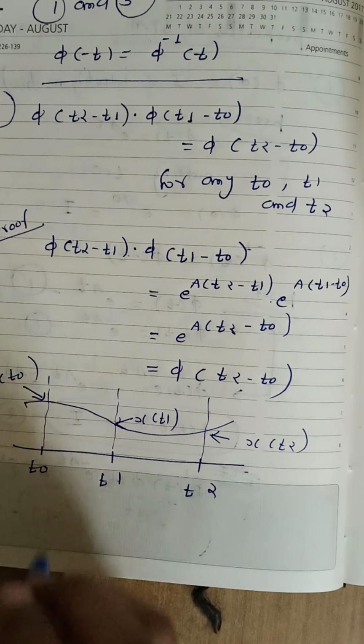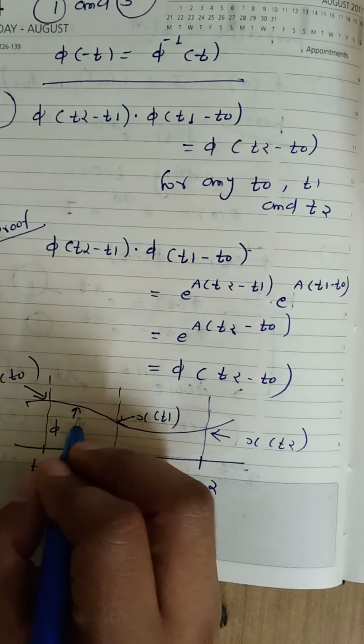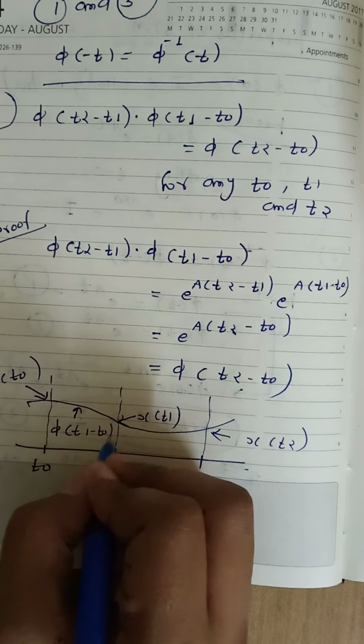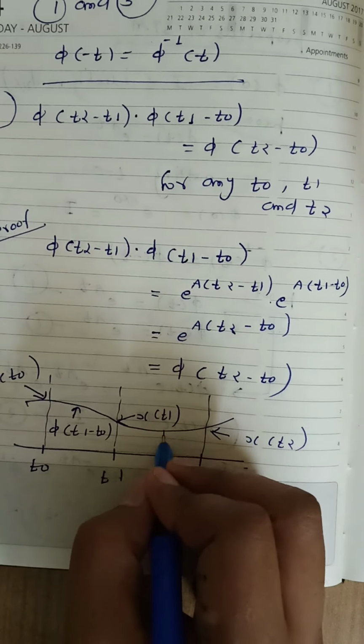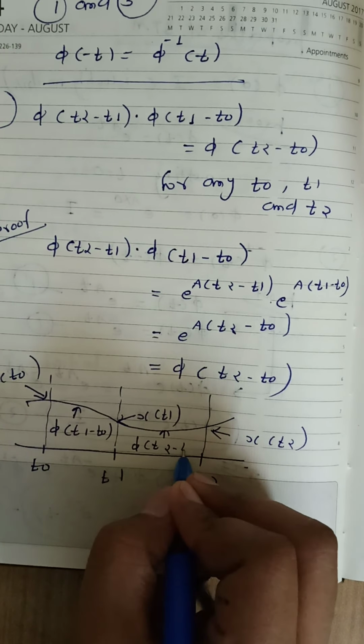Between t0 to t1 we have a state transition matrix phi t1 minus t0, and between t1 to t2 we have a state transition matrix phi t2 minus t1.